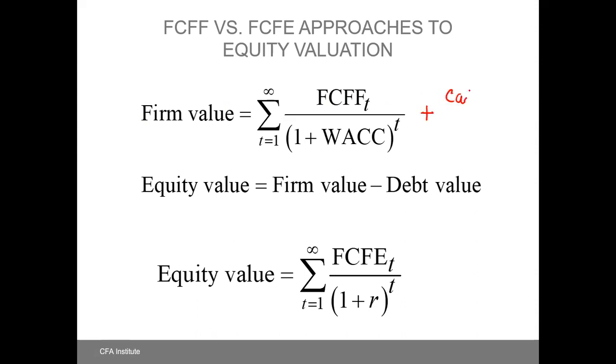That is the cash and marketable securities. But cash and marketable securities are a very insignificant component compared to the value of the operating assets. That's why it has not been mentioned. You can add it here in the firm value.